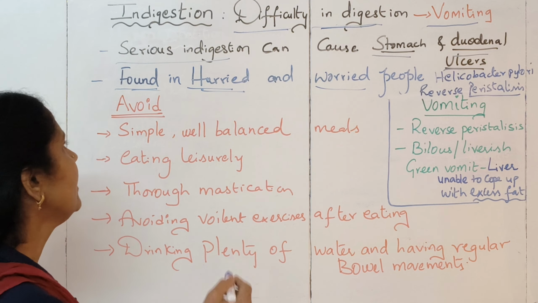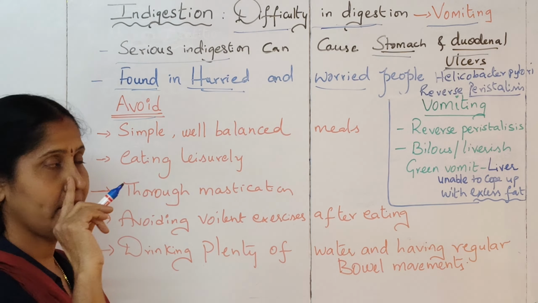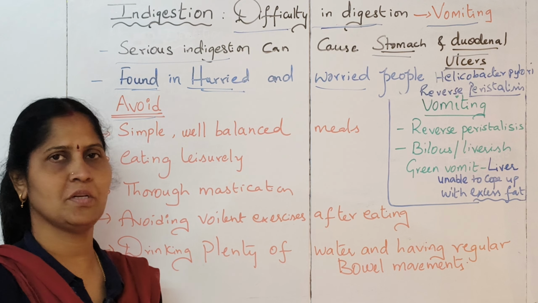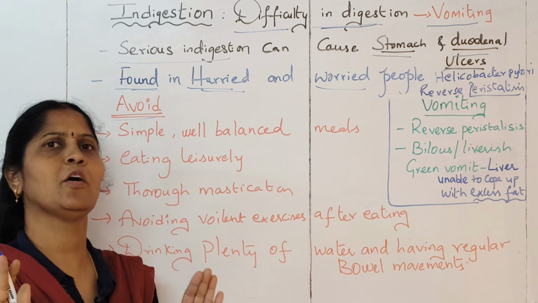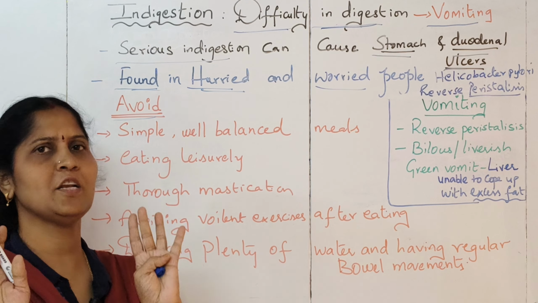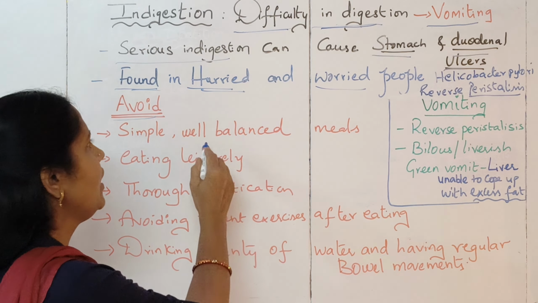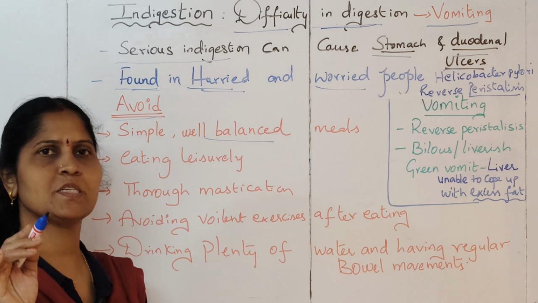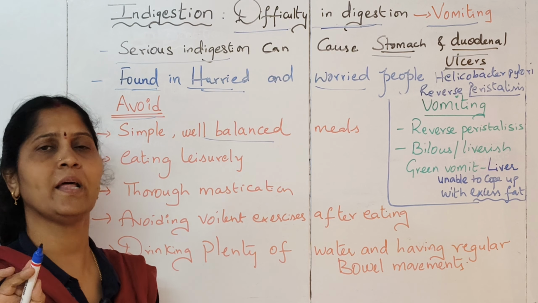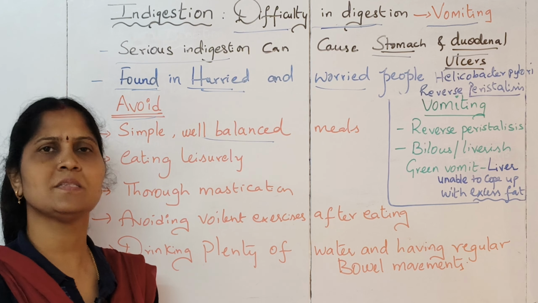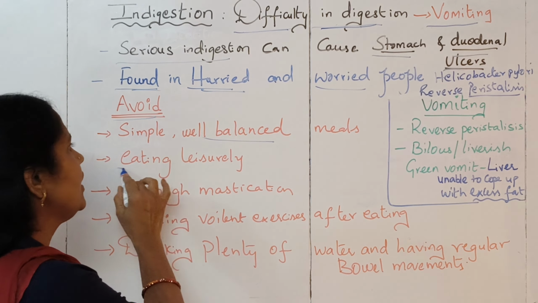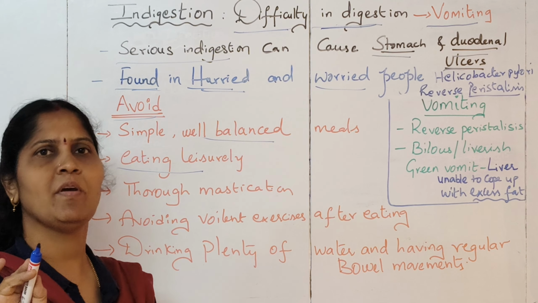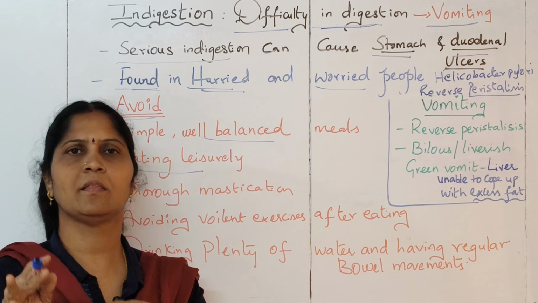So how to avoid this problem of indigestion is, you should have your diet very simple, and it should be a balanced diet with all the nutrients, that is carbohydrates, proteins, fats, enough water, fiber, everything should be sufficient in your food. Also, you should eat your food in a leisurely way, not looking at the mobile or the TV.